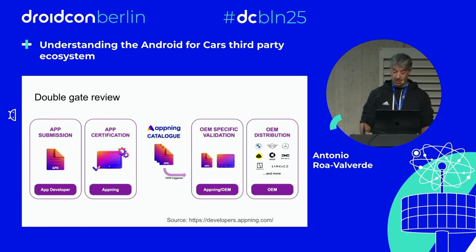You can check it at this URL. Here, basically, the first phase is very similar to what Google Play does. But then at some point, there is a second phase where the OEM is validating that everything is correct and deciding whether the app fits their brand or not. So basically, it is up to the OEM to decide when your app, and if it will be published at all.